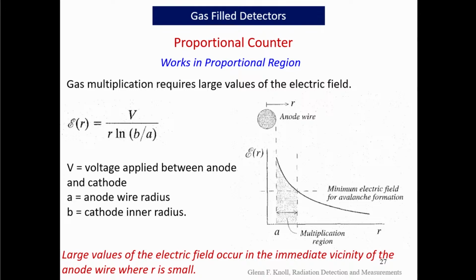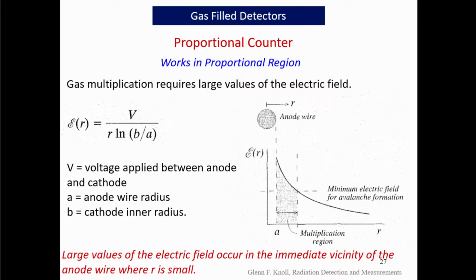The electric field has a relation like V divided by r ln(b/a), where V is the voltage applied between the anode and the cathode, a is the anode wire radius, and b is the cathode inner radius. You will see that the electric field is very strong in the very near vicinity of the anode wire.